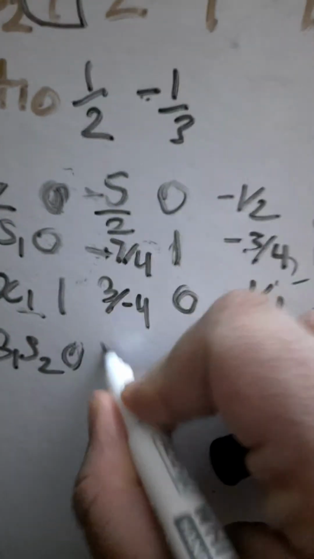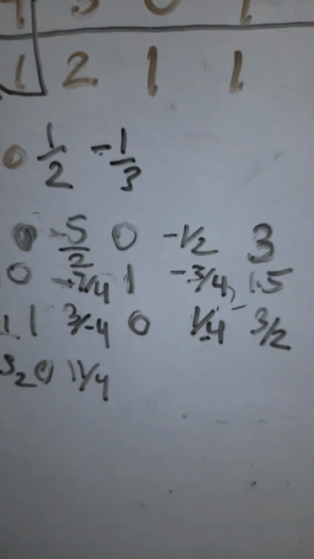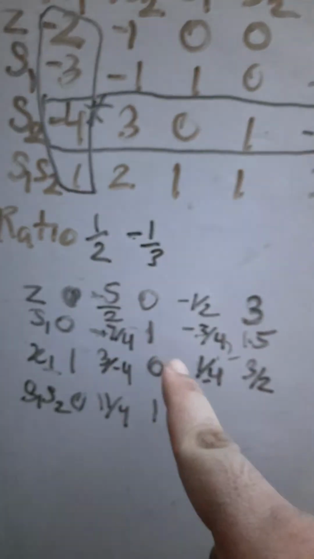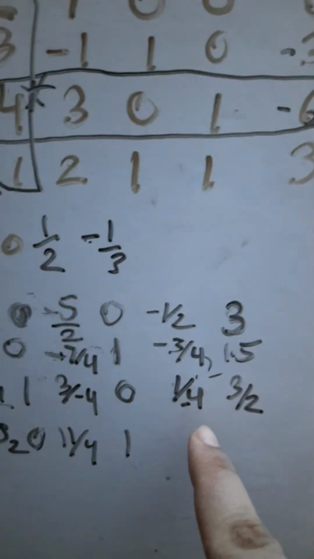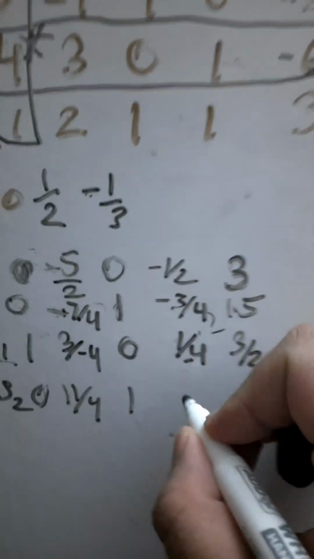Okay, 11 by 4. Why do I feel like this RHS would be negative? Okay, whatever. So 1 minus 0 is 1, this 1, this 0, minus nothing changes, 1 minus minus plus, so 1 plus 1 by 4, then it is 5 by 4.